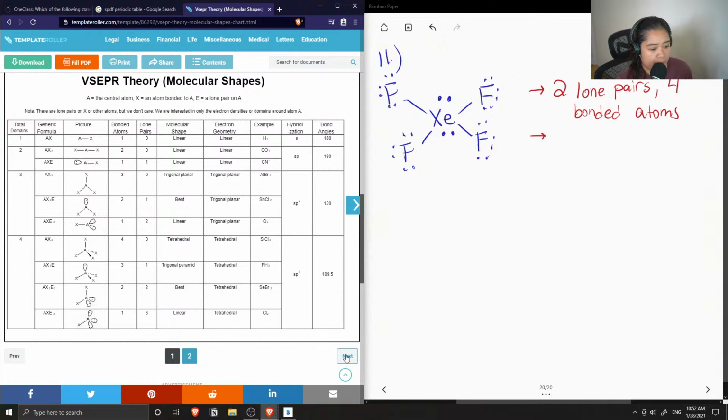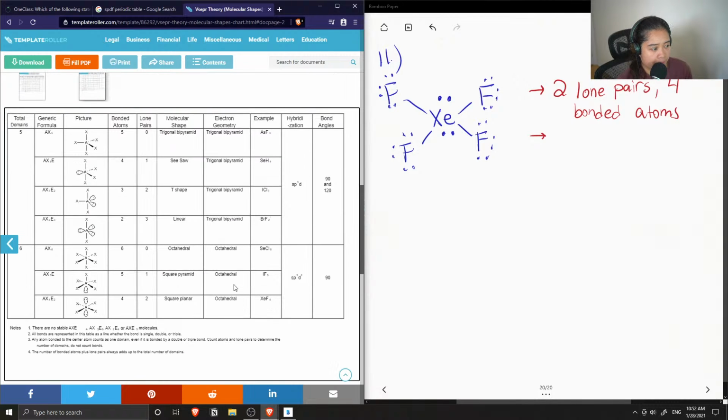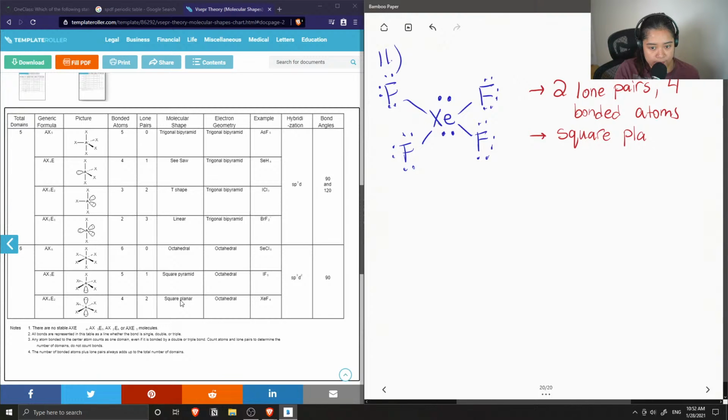When we have 4 bonded atoms and 2 lone pairs, we get a square planar molecular shape, and we also get an octahedral electron geometry.